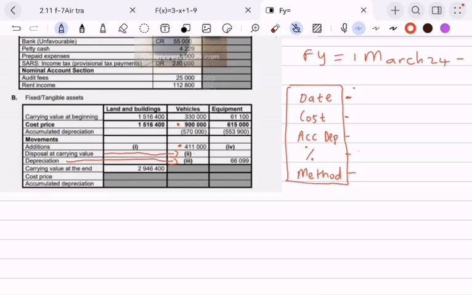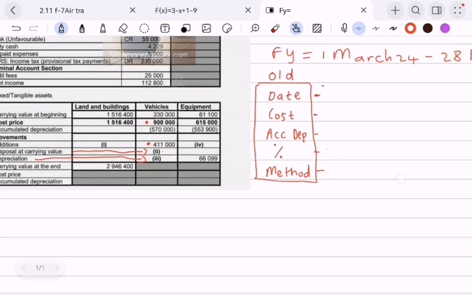And likewise, the method doesn't change. So you can decide whether you want to start with the new vehicle or the old vehicle. So I suggest we start with the old vehicle first. Simple and easy. So with the old vehicle, pay close attention.